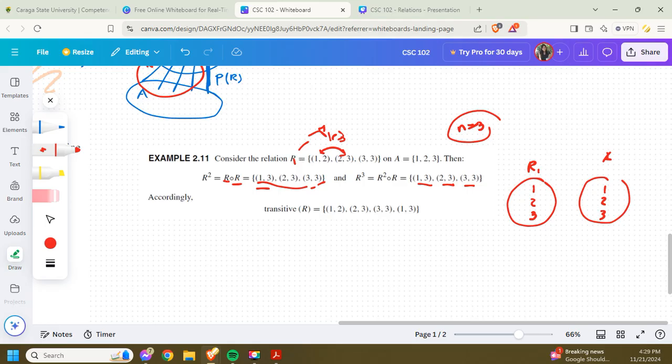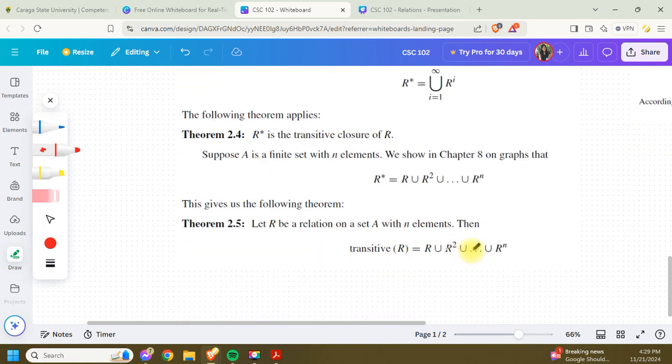So this is the transitive relation of R there. To make R transitive, you have R union your R2 and of course your R3. So that is the answer there, and actually that is the definition of this. Okay?